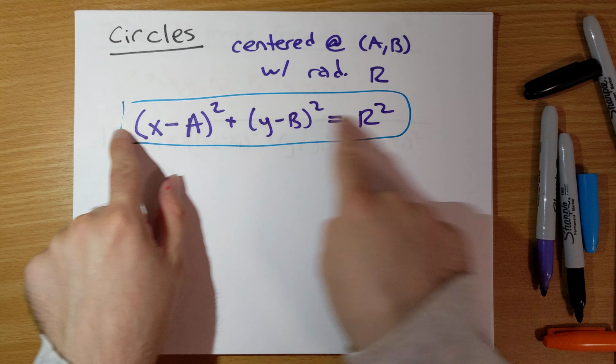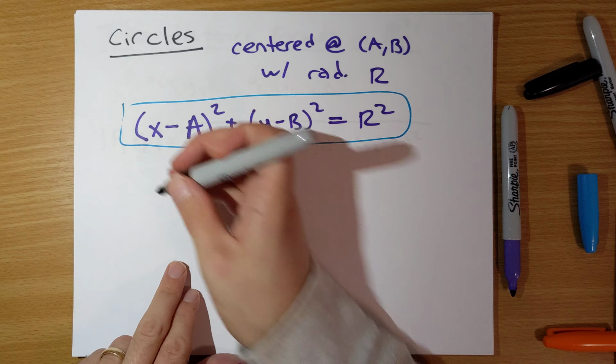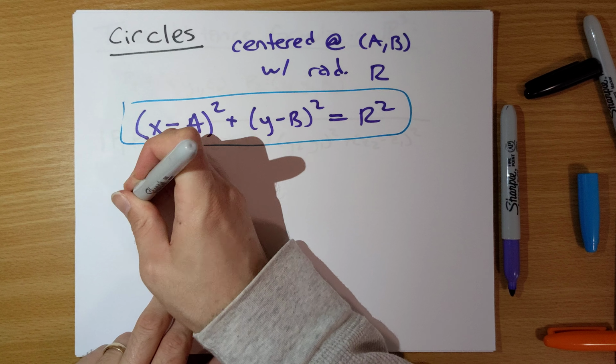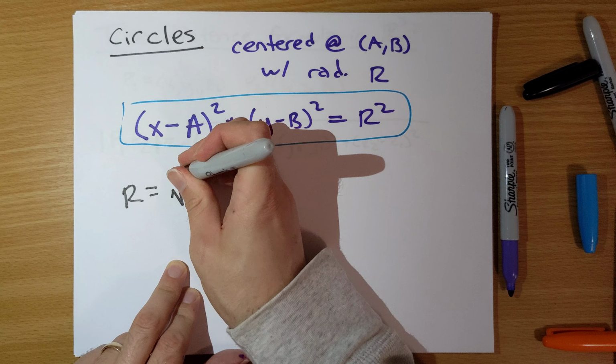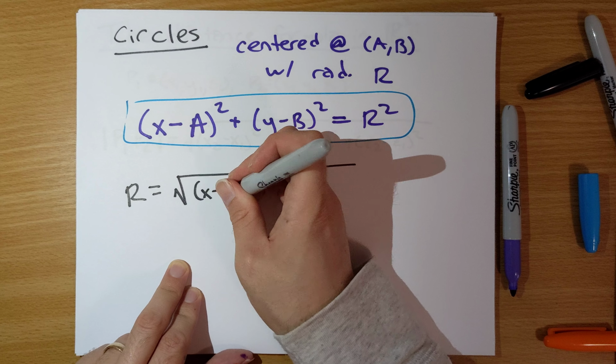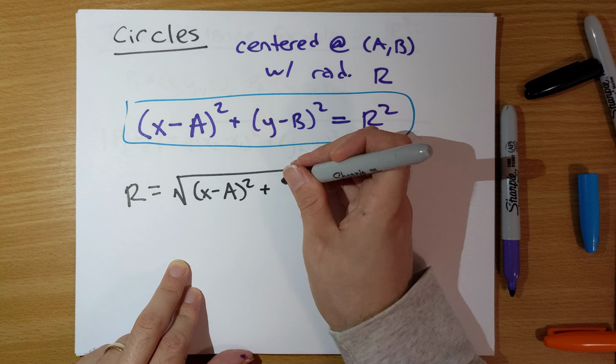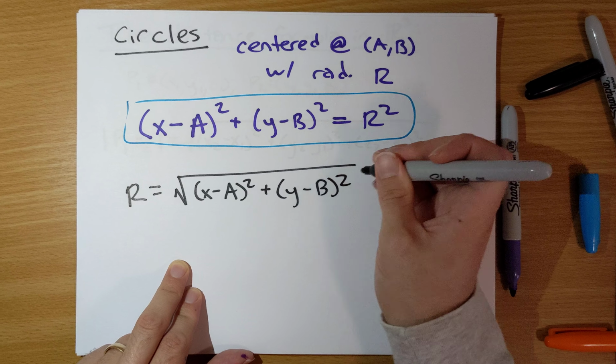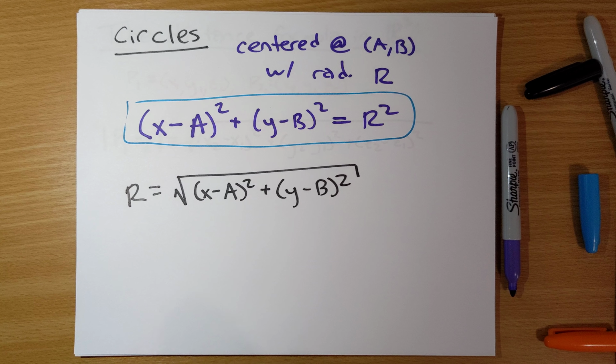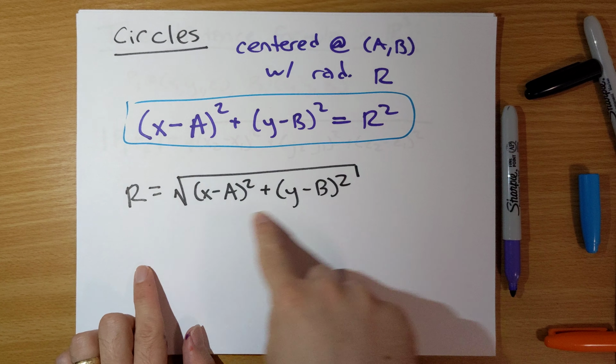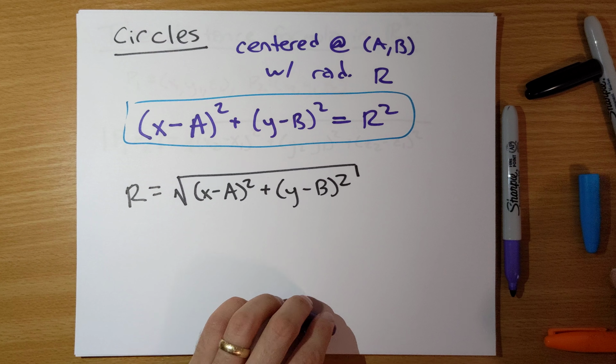If we take the square root of both sides here, we end up with r equal to the square root of (x − a)² + (y − b)². So what is this expression here?